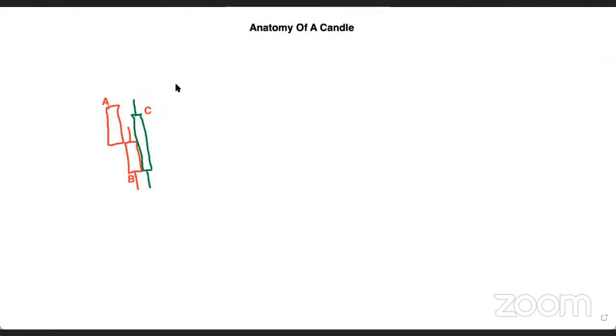Okay. Yeah. So remember, the red candles are bearish, and for bearish candles, where does price open? The top. At the top. Right. So price would have opened at the top up here for candle A, and then it would have closed at the bottom.